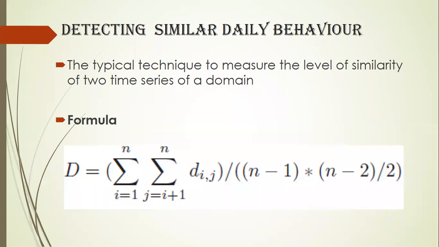Assuming that a domain has been queried n days during our analysis period, dij is the Euclidean distance, calculated as the average over (n minus 1) into (n minus 2) by 2. By calculating this, we can get the distance between the two similarities of domains.